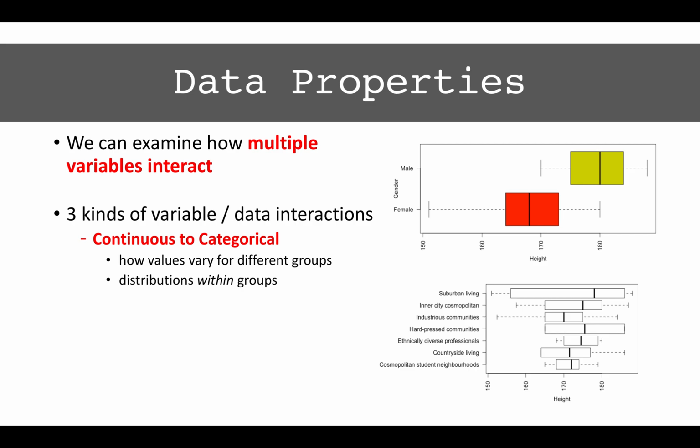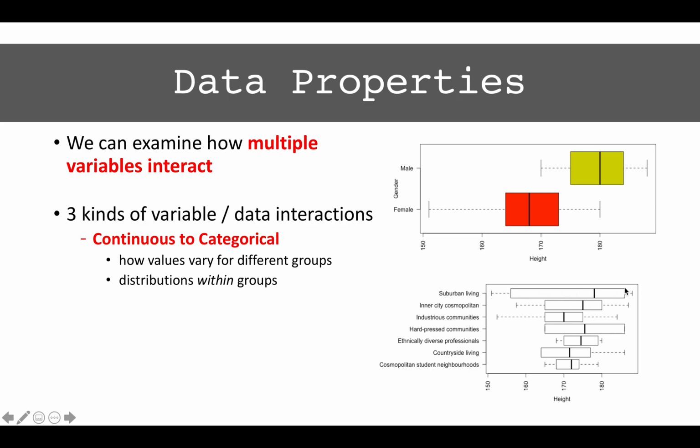Is that saying something? Is there a difference? There is a difference, I can see there's a difference. But there may be counting issues there, with perhaps fewer respondents from industrious communities, and suburban living, if you look here, has quite a large spread.